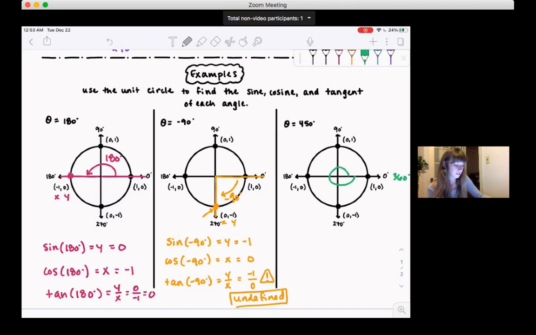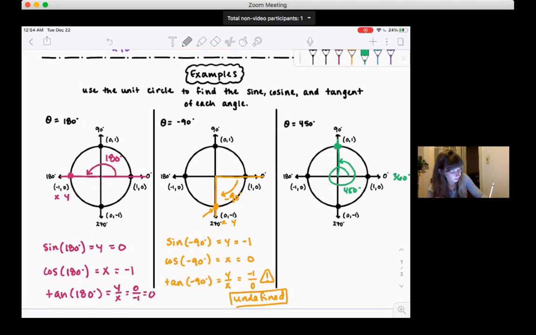Okay, now we need to get to 450. That's 90 more degrees than 360. So once I'm back at 360, I need to go 90 more degrees. So I would end up right here in the same position as just a regular 90. So that's 450. We went around the circle more than once.